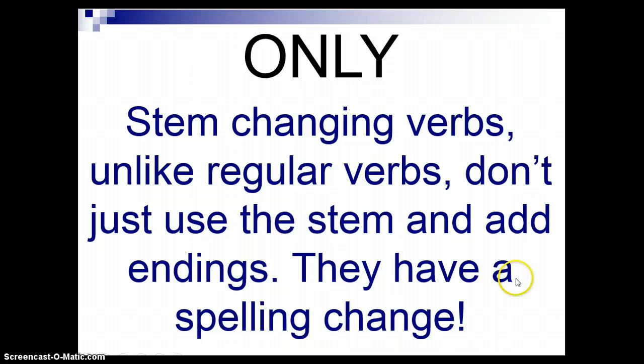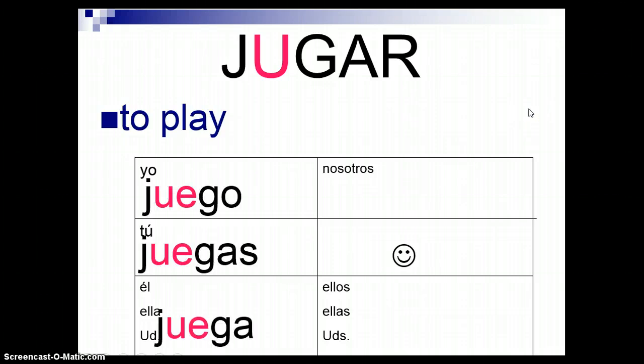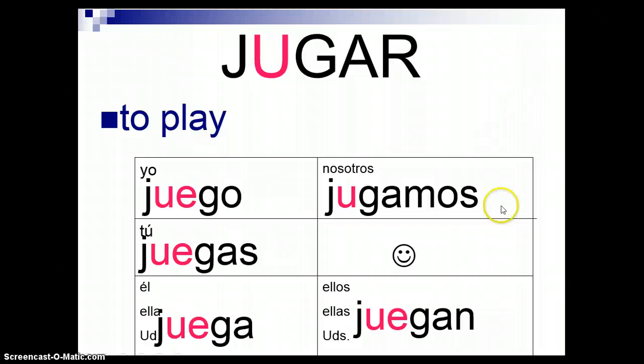Stem-changing verbs, unlike regular verbs, don't just use the stem and then the ending. Like I said, they have a spelling change. Jugar has a spelling change with the U, and it goes juego, juegas, juega, jugamos, and juegan. Note that it doesn't change in the nosotros. It only changes in these.